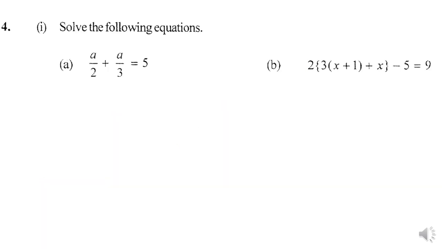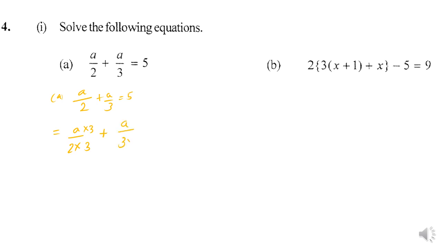Solve the following equations, right? Here you have this one. Let's go to a over 2 plus a over 3 is 5, and here you don't have a common denominator, so you have to make a common denominator. Let's take 6 as the common denominator, so a over 2 we multiply by 3 in order to make 6.